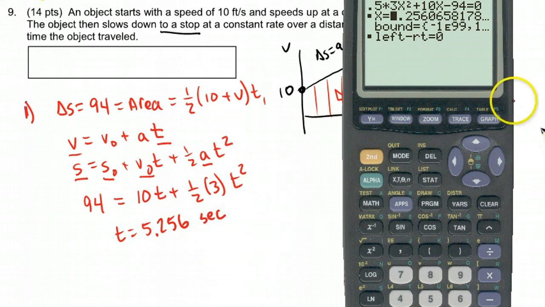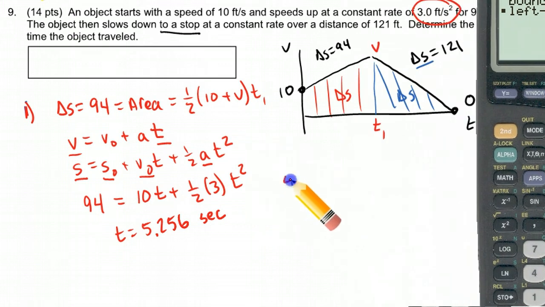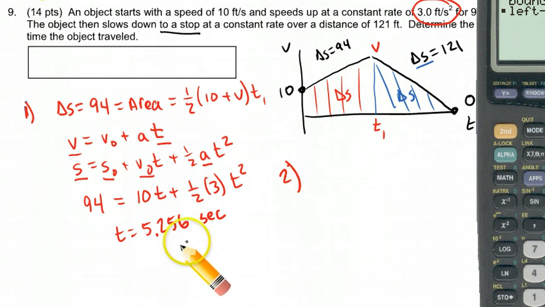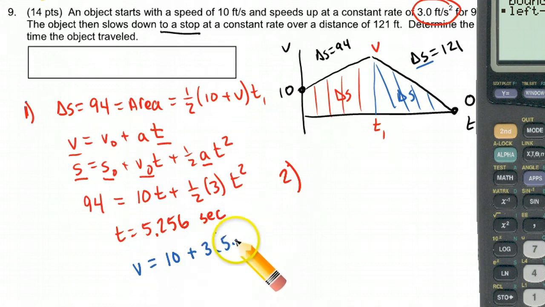Okay, that's part one. Part two. Okay, again, we know the delta S. We know our final velocity. We need to know some information about that initial velocity to work with that area. So let's go ahead and now calculate the velocity there at the top of that thing, which is going to be our initial velocity plus 3 times our 5.256 seconds.